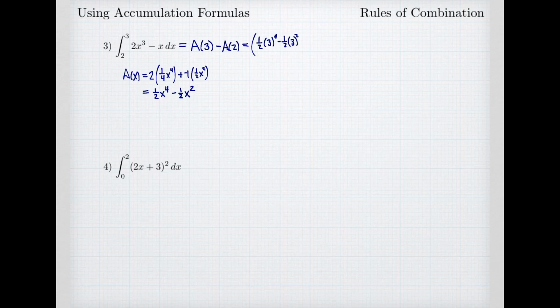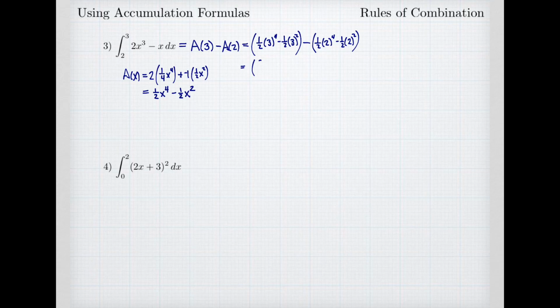Be sure you use the x value for all of the x's in my formula, both in the x to the 4th and x squared. And we'll subtract the value of the same function at 2. So 1/2 of 2 to the 4th minus 1/2 of 2 squared. And just to highlight, because I'm subtracting, I need to be sure that I distribute that negative across the terms. That's why I put these in parentheses.